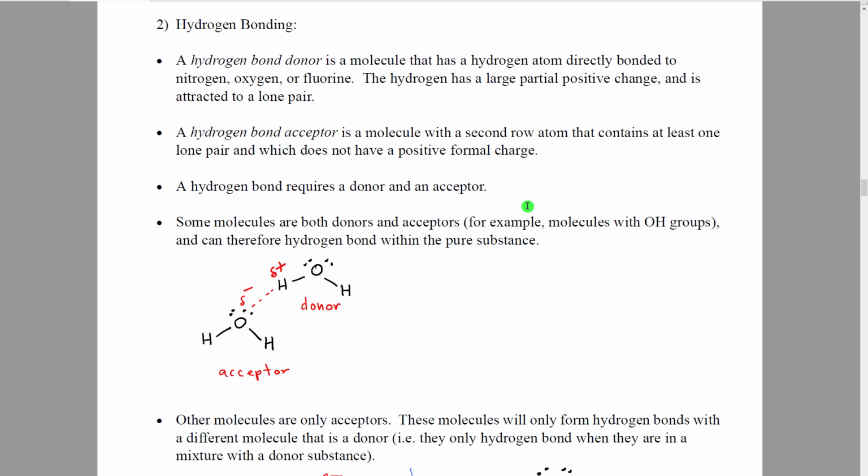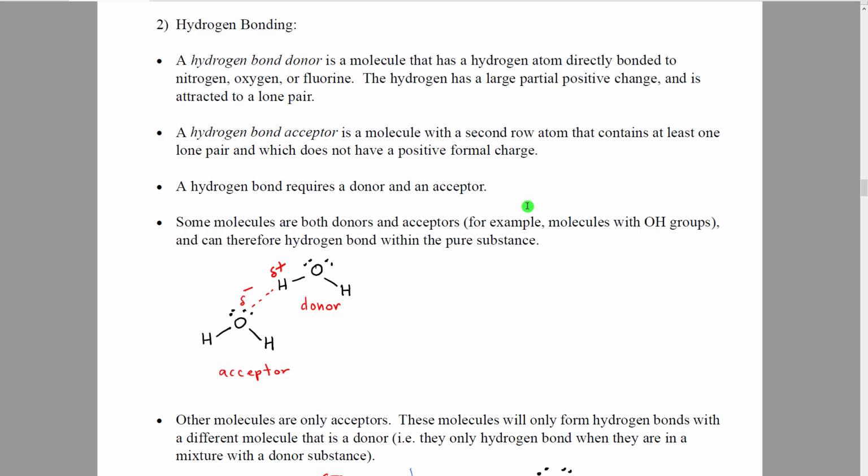We looked at that specifically in the case of the oxygen to hydrogen bond earlier. That hydrogen with the partial plus is going to be the donor part of the hydrogen bond. It's going to be the hydrogen end that's attracted to a negative part in another bond. The hydrogen bond acceptor is going to be a molecule that has a second row atom that contains at least one lone pair and doesn't have a positive formal charge.